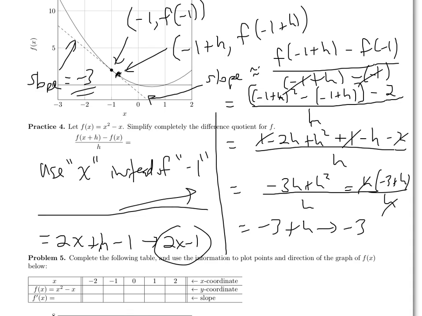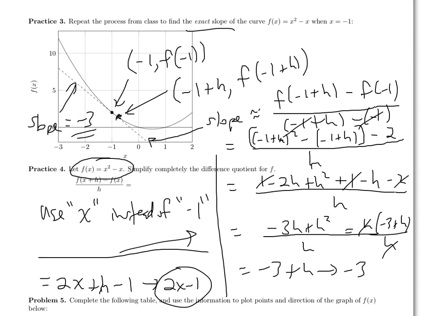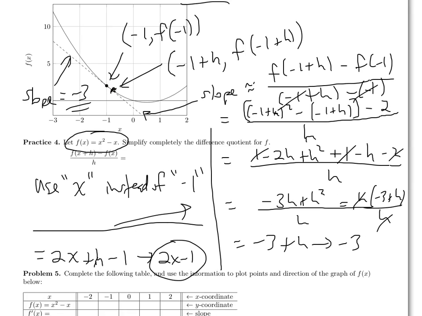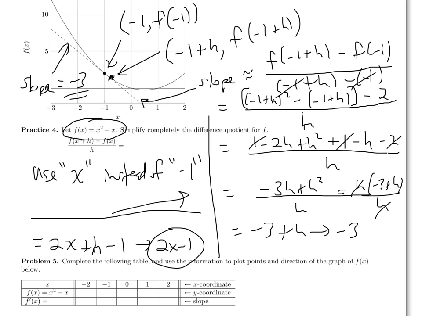The derivative formula here is 2x minus 1. In other words, on this curve, if you want to know the slope at any point on this curve, like -1, you can just plug -1 into this formula.